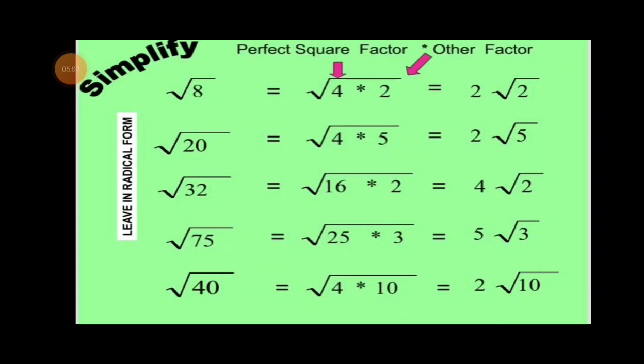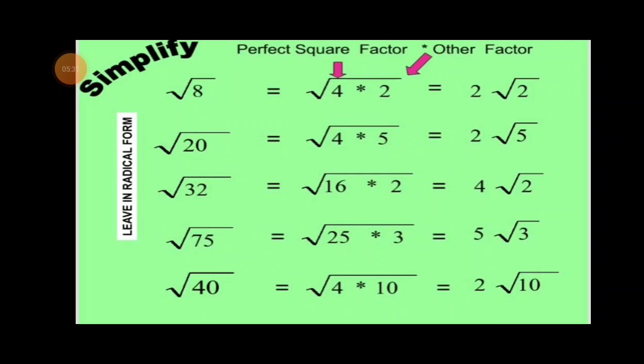Then again, when we find two numbers that multiply to result in the equation, one must be a perfect square. So 4 is a perfect square. Then the square root of 4 times 2 is equal to 2 square root of 2, because we take the square root of the 4. That's why we have 2.